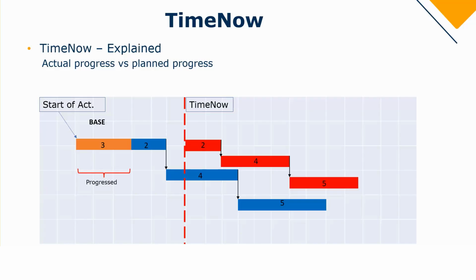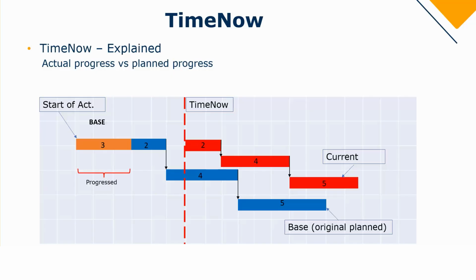Alright, so again, as a reminder, the blue indicates my base program, and then the red in this case will then be my current program, which means it is the earliest I can start after setting or recording my progress.